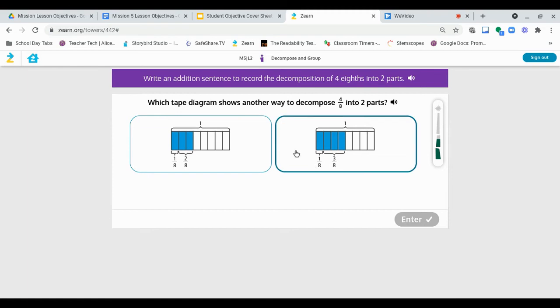Then it asks which tape diagram shows another way to decompose 4/8 into 2 parts. This first one is 1/8 and 2/8, but 1 and 2 together is 3/8, so that's not 4/8. This one has 1/8 and 3/8, and 1 plus 3 is 4. So it's going to be the second one.